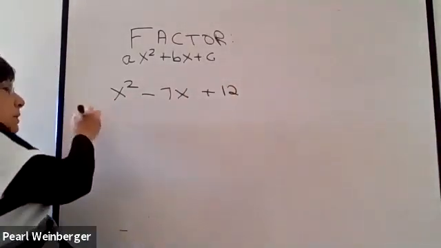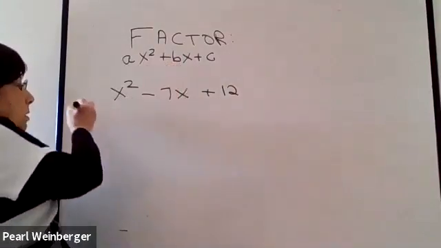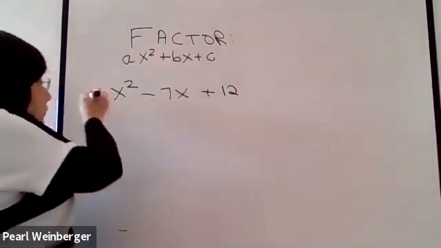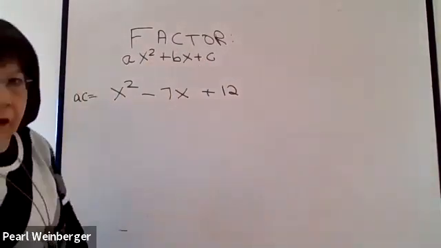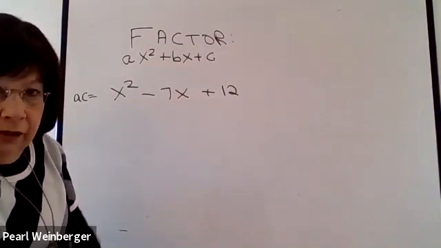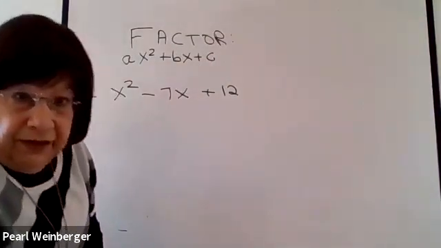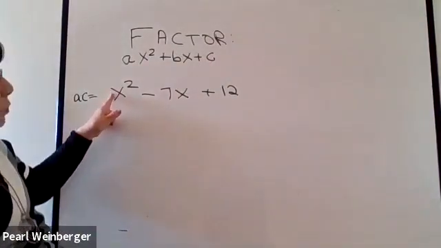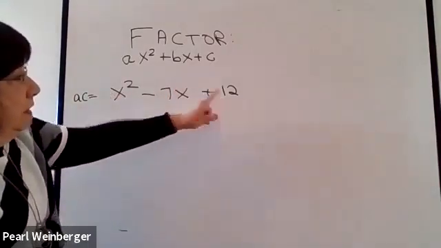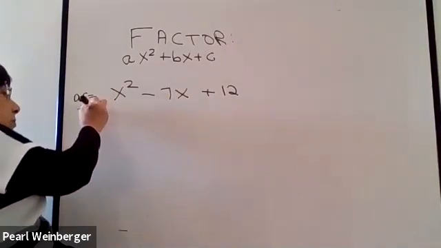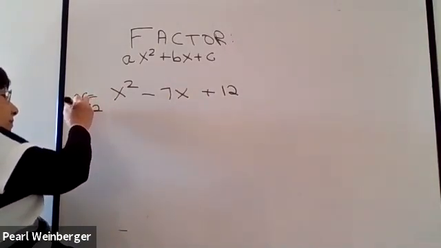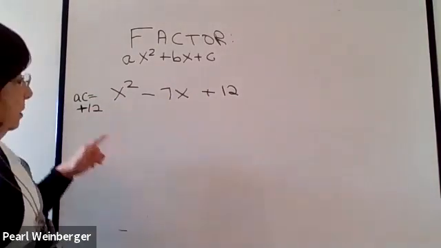What is our AC? I'm going to write the AC right over here. How much is A times C? Right, it's 12, because this is a 1 and this is a 12. And I'm writing actually the sign also because I have to be aware of the sign.